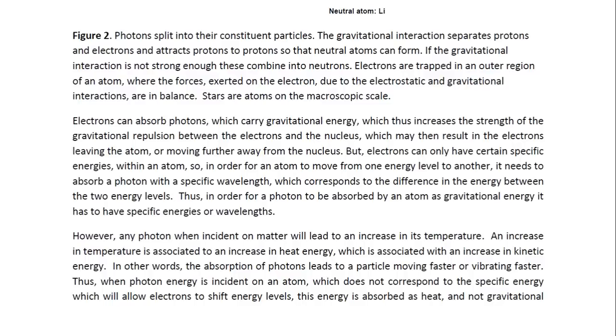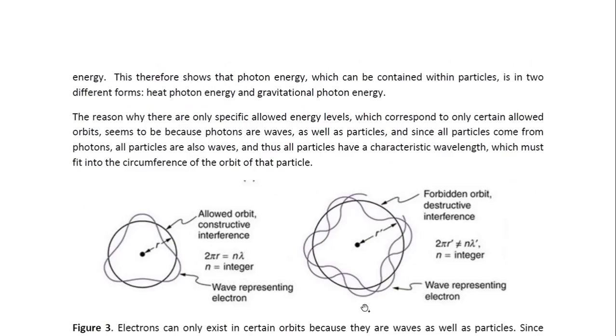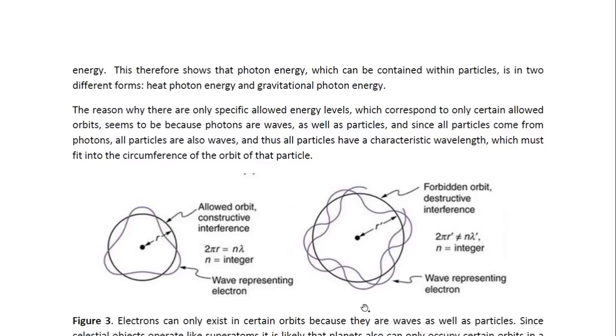Thus, when photon energy is incident on an atom which does not correspond to the specific energy which will allow electrons to shift energy levels, this energy is absorbed as heat and not gravitational energy.